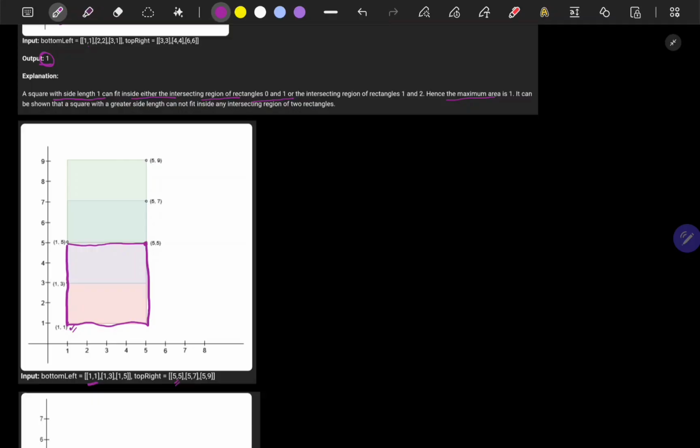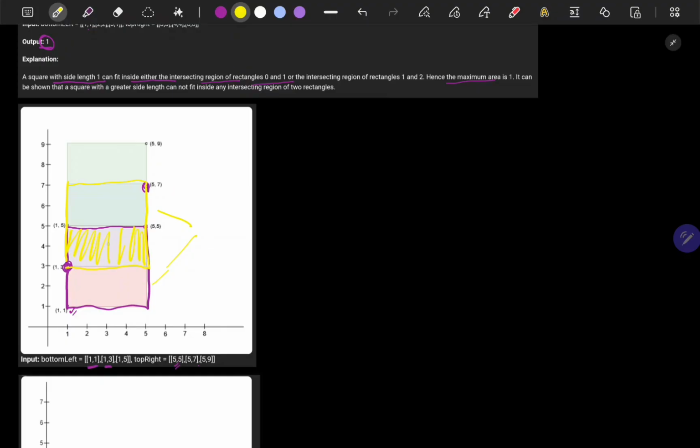Now what is the maximum area we can get? The second one is 1 3 5 7. So this is another rectangle. If you look at both these rectangles, what is the common area? The overlapping area is this one.